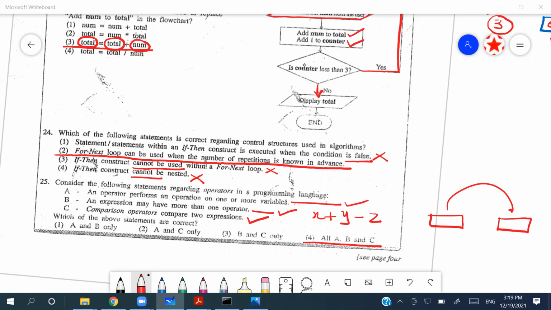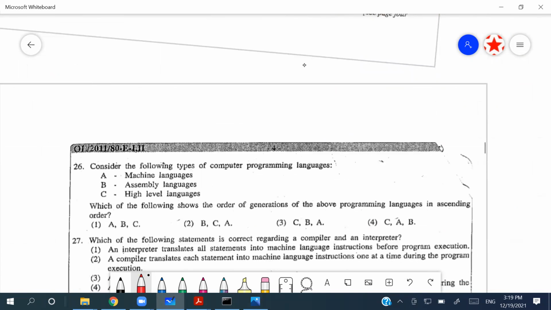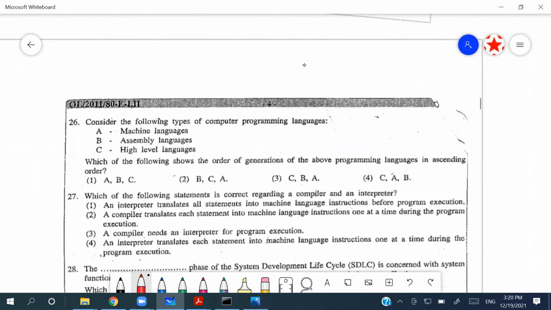So then the 26th. Consider the following types of computer programming languages: machine language, assembly language, high-level language. Which of the following shows the order of generations of the above programming languages in ascending order? Now, the order of programming languages is not in your syllabus, as I remember, but this is what happened in the very first era.